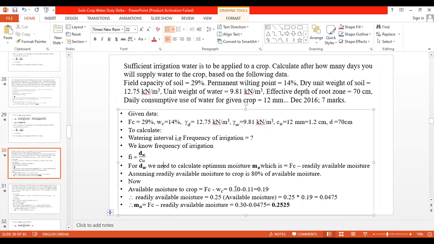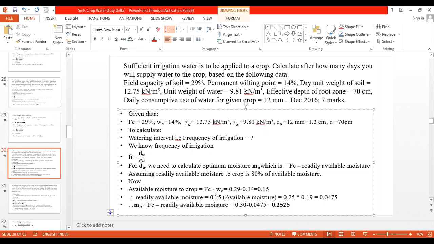Field capacity is 29%, so 0.29 minus wilting coefficient 14%, that is 0.14. It is 0.29 minus 0.14, that is 0.15, we can say. Okay, so this is the available moisture. Now out of that, readily available moisture, we are assuming it as 80%.